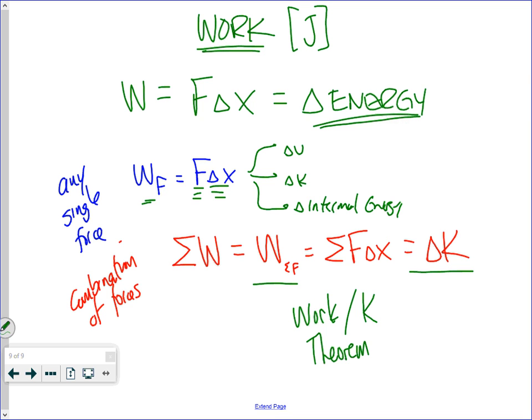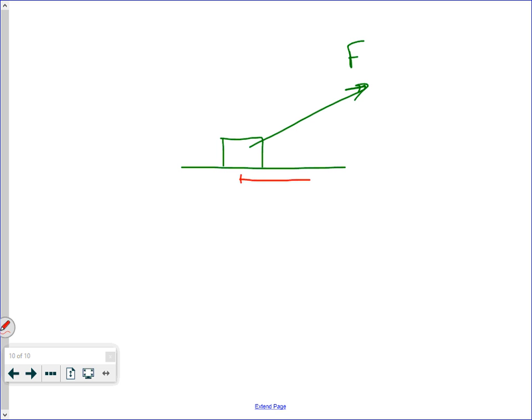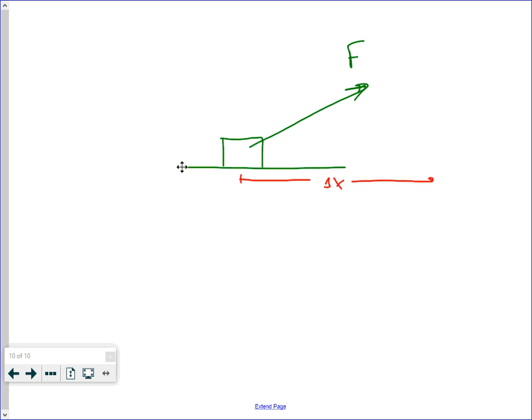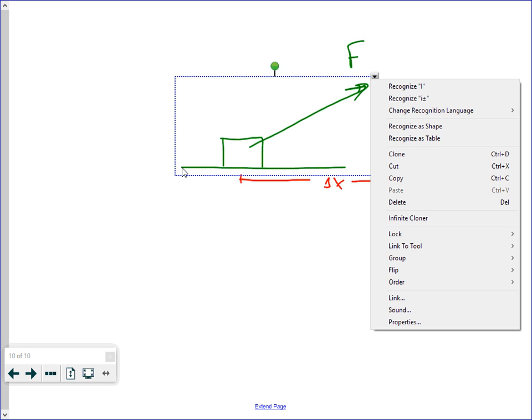All right? A little thing to keep track of also is if we have the following situation, this force acts through this distance.